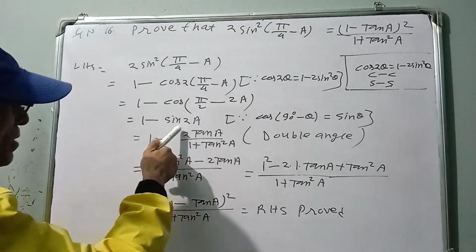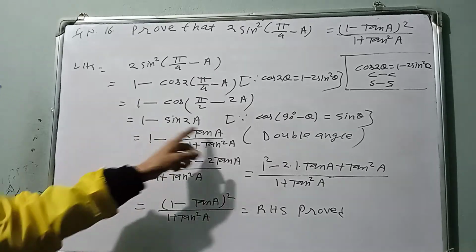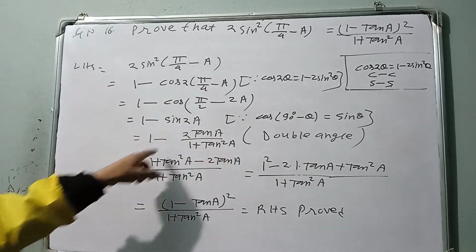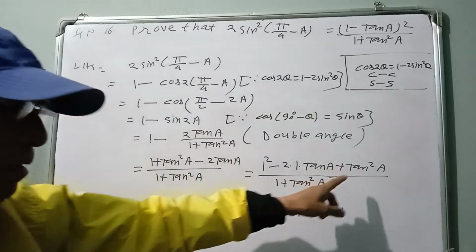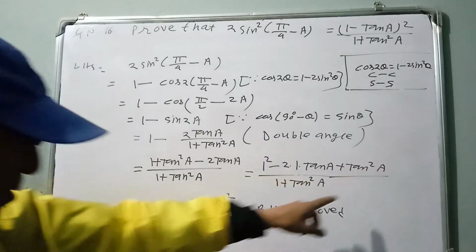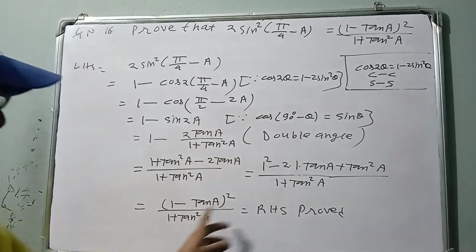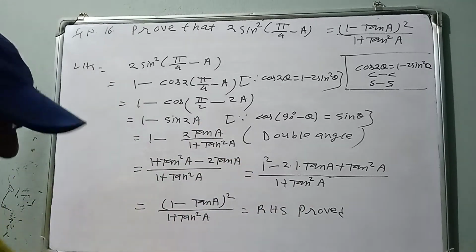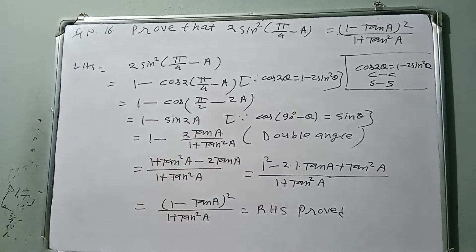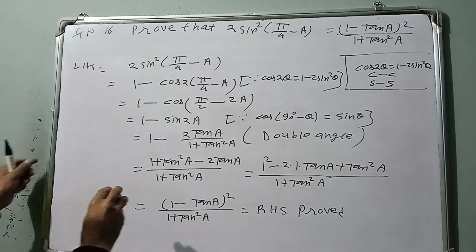Cos (90 degree minus 2A) is sin 2A. Sin 2A is 2 tan A by 1 plus tan square A. Take LCM. Arrange A square minus twice AB plus B square, (A minus B) whole square. Denominator same. So left hand side equals right hand side. Proved. This is question number 16, a long question for 4 marks.